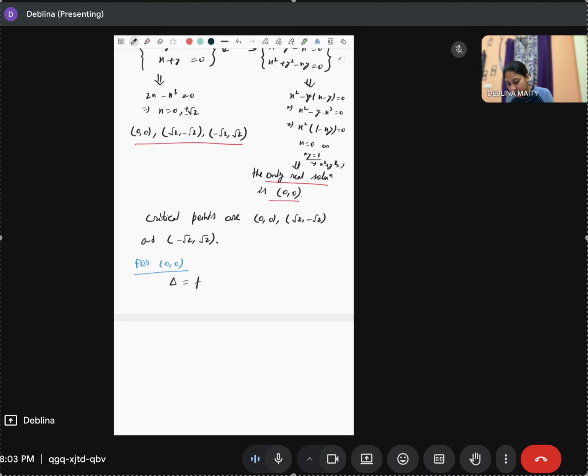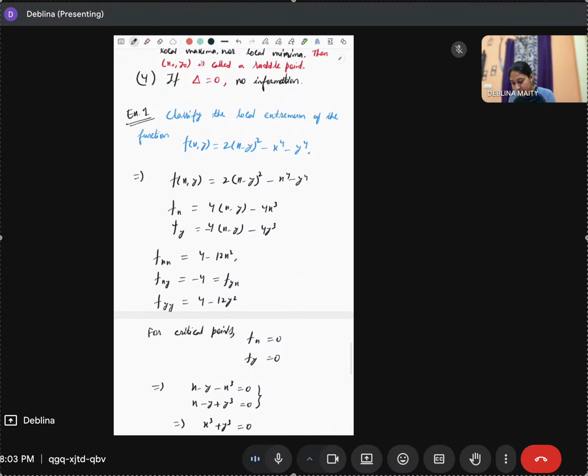Delta is what? fxx fyy minus fxy square at the point 0 0. We have already found all these 4. Now if we put these values, what will we get?